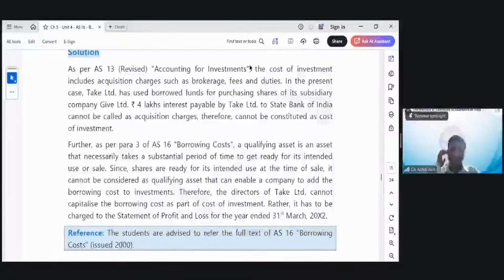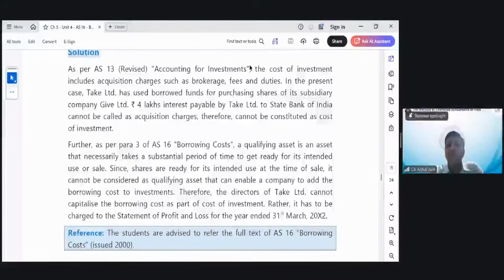Yes or no? So can you say that this is a qualifying asset? No, this is no doubt an asset. But is it a qualifying asset? Answer is no. So therefore, can this interest be capitalized with the cost of investment in the shares of the subsidiary company? Answer is no.